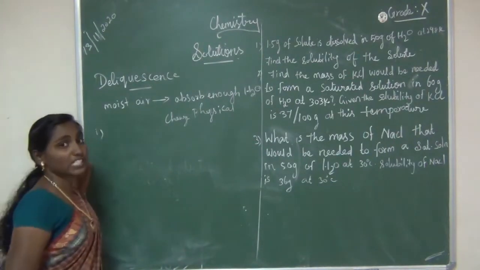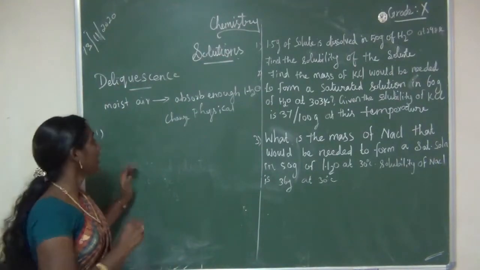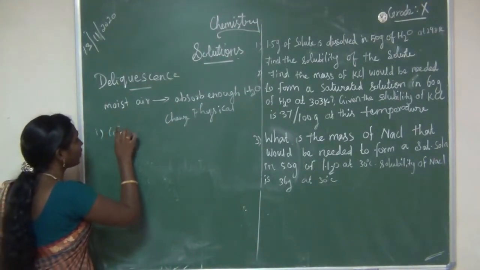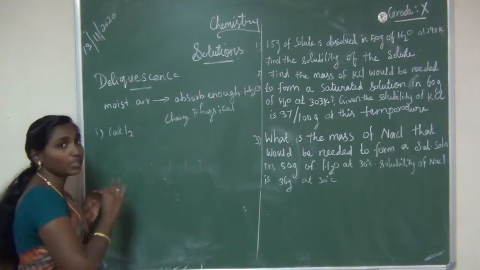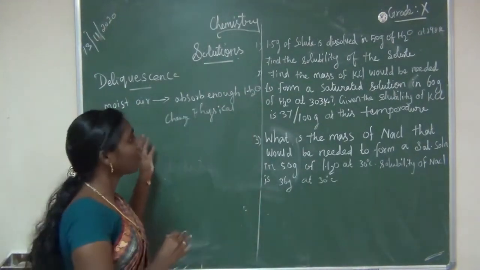In hygroscopic substances, the last example we studied was anhydrous calcium chloride. Here it is only calcium chloride, not anhydrous, that means not in powder form. Some water it absorbs.